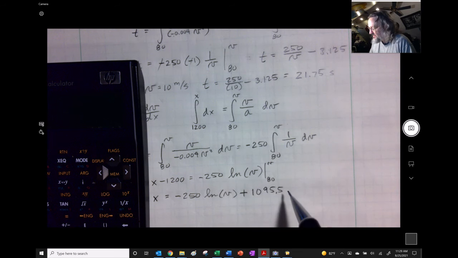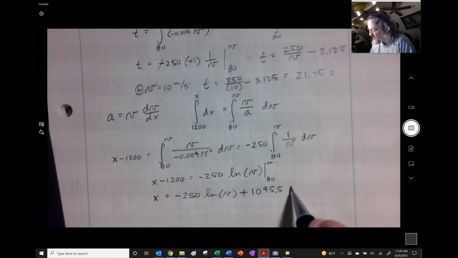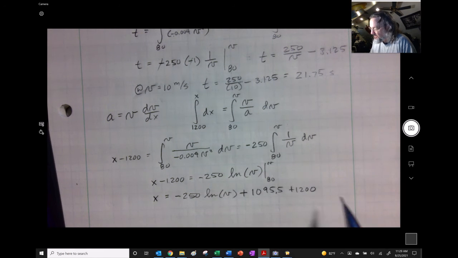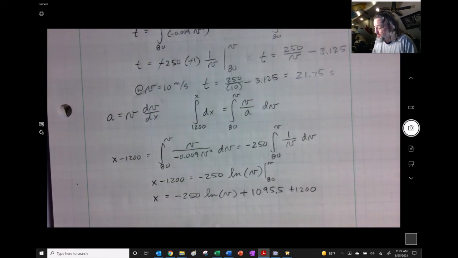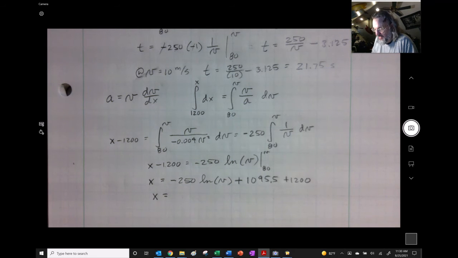I'll go 5 sig figs there. But then also we need to add in the 1200. So that was my mistake there. It would have been totally fine if I hadn't tried to fix it. Okay, so let's say that this is the final equation right there. Now I've got to add that 1200 together.